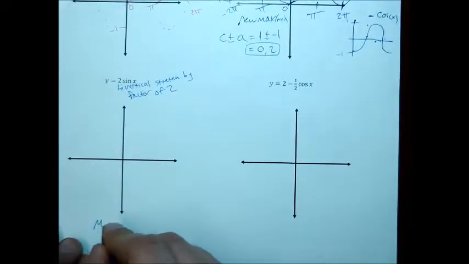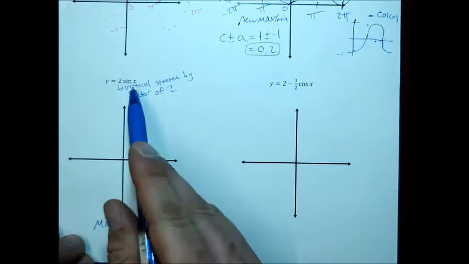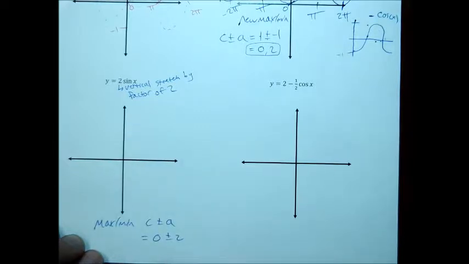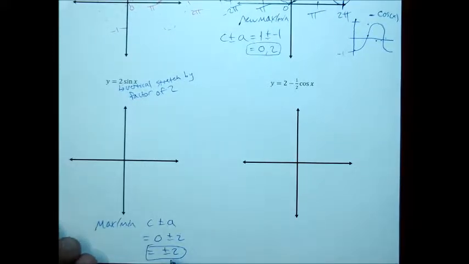And so in this equation, 2 sine x, c plus or minus a equals 0 plus or minus 2, right? C is 0, a is 2, and so this is just plus or minus 2. And so you can see, right, the max and the min just doubled. It used to be a plus or minus 1, and now it's a plus or minus 2.